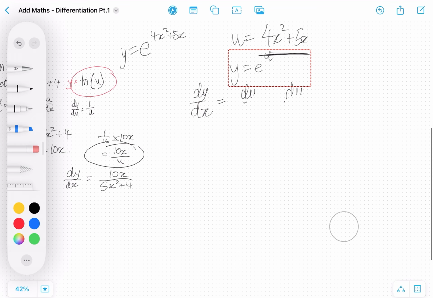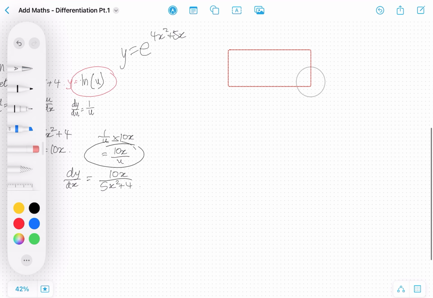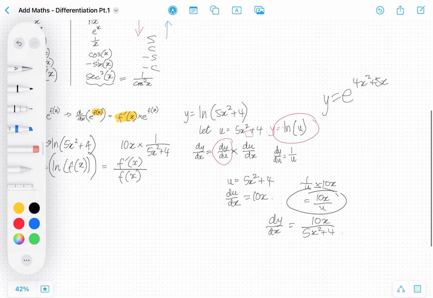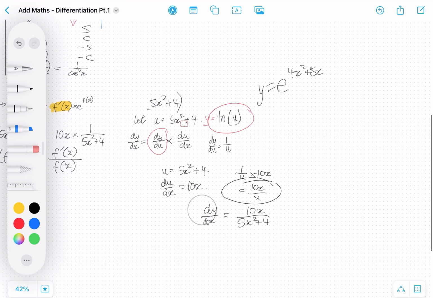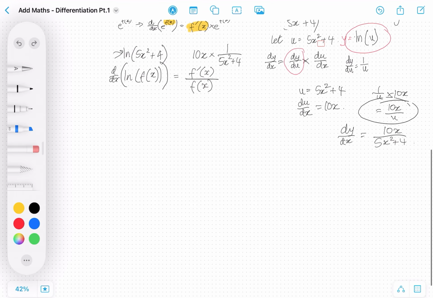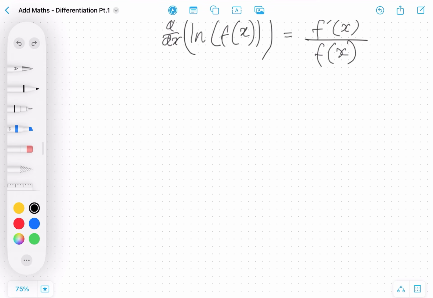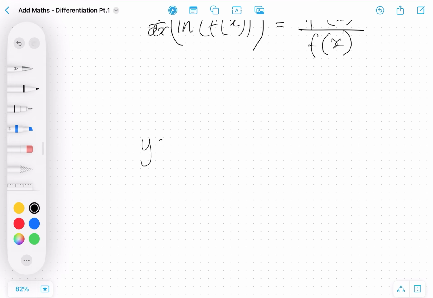And we can actually apply the same thing for the trigonometric functions. So let's say we want to find, let's say y equals sine of 6x cubed plus 4x.